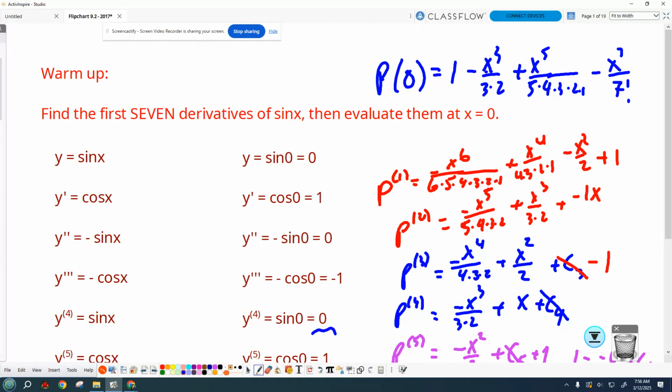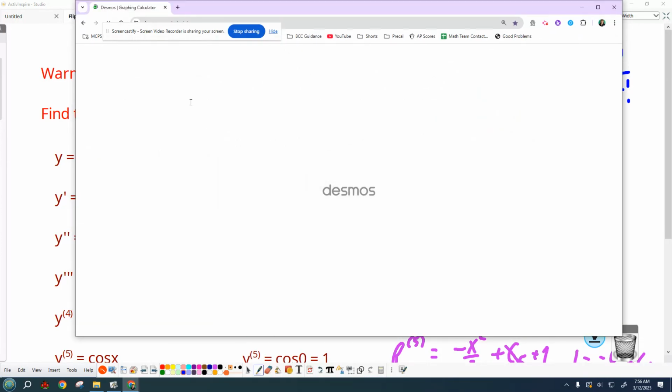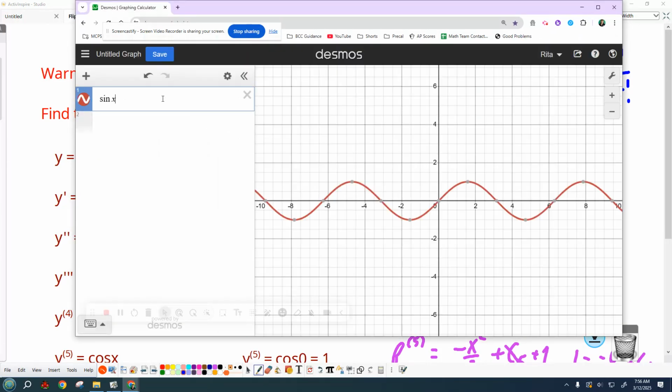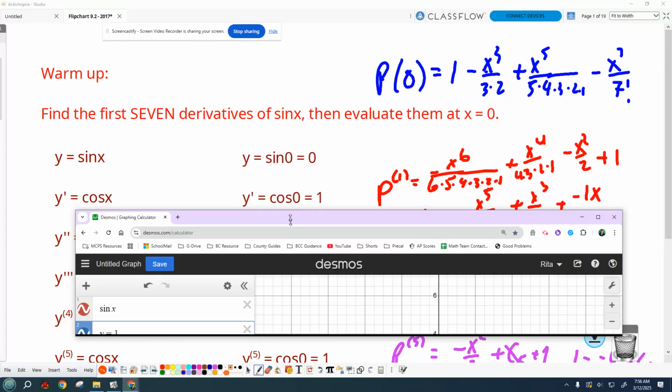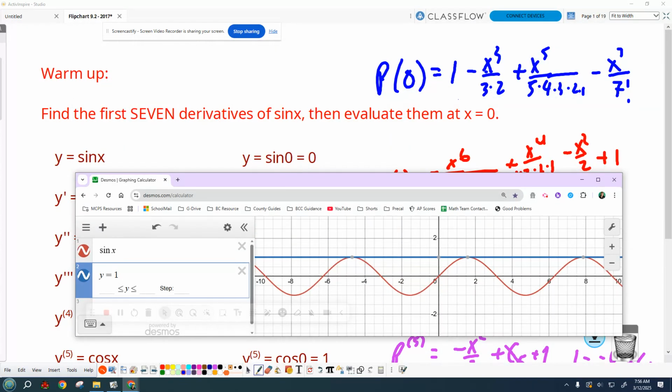Totally the long way to go, but I have sine x and did 7 derivatives. Sorry, the first term was 1x. I didn't integrate my 1.